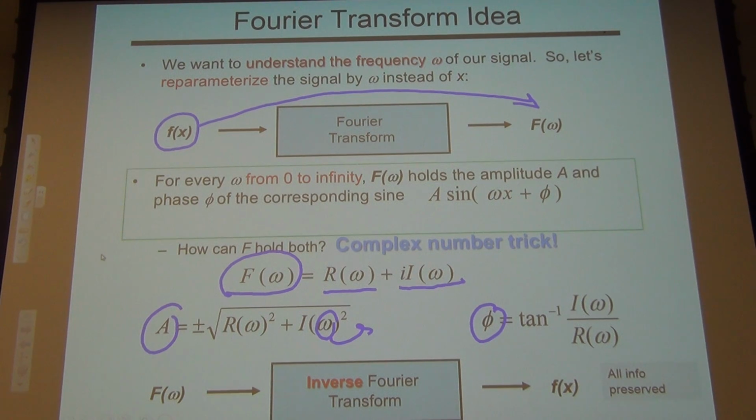If we have the signal in the frequency domain, we call the inverse Fourier transformation, the IFT, and you can get your original signal. All the information is preserved.